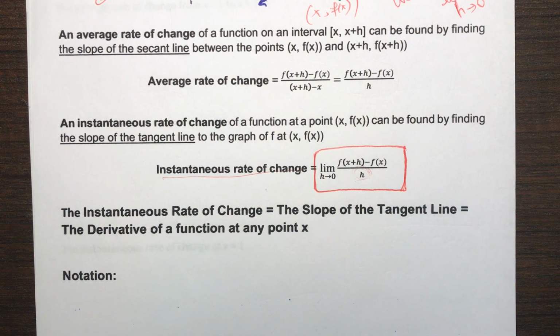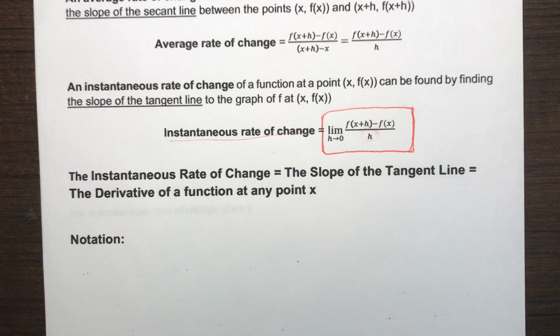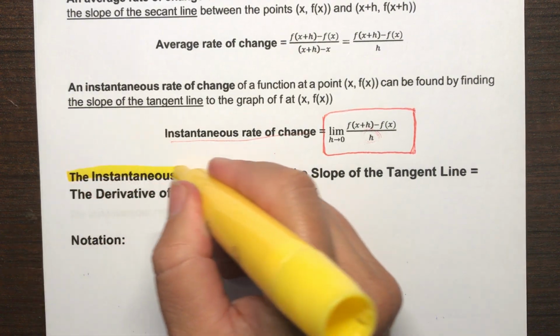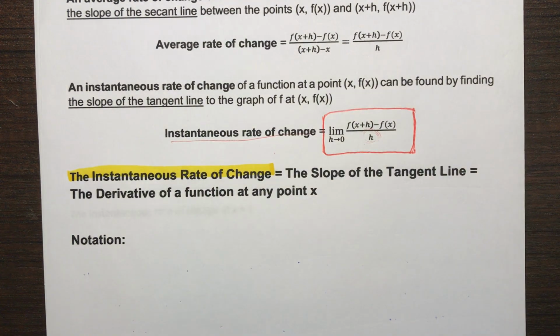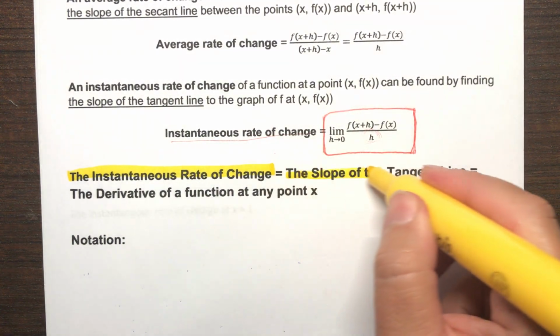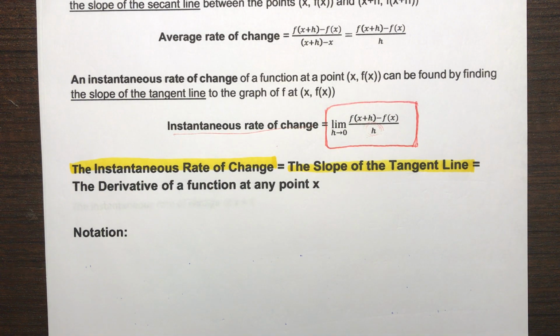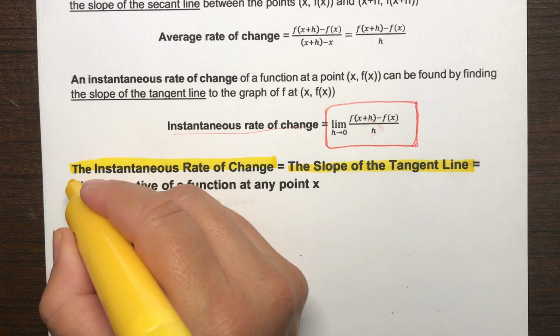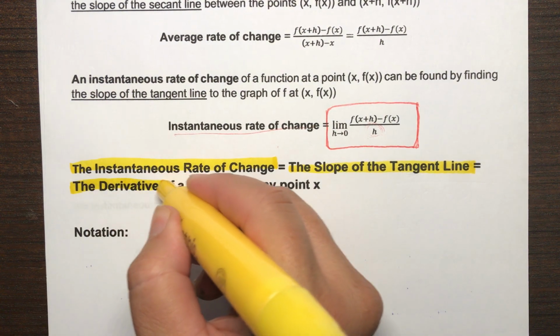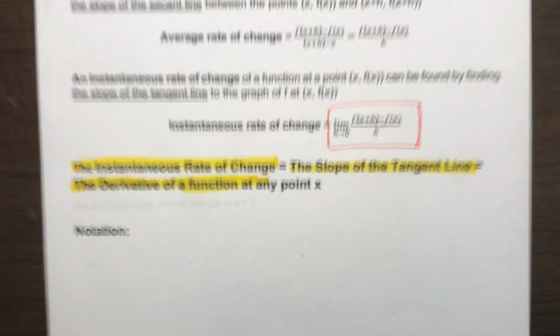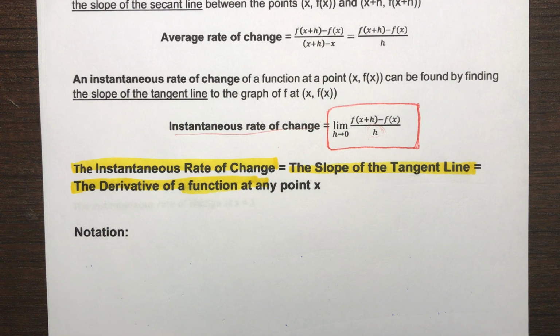So just to put it back together one more time, the instantaneous rate of change in a function is found by finding the slope of the tangent line to that function. And since this is so important, it's going to have its own name, and the name for that is the derivative of the function at this point x, okay?